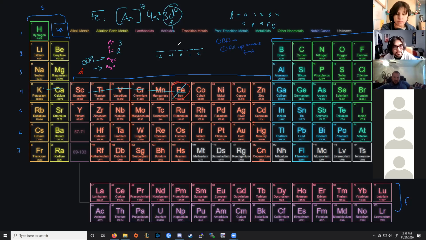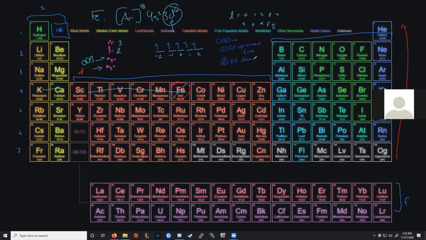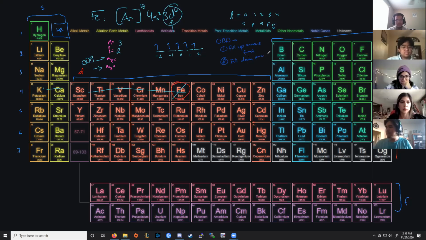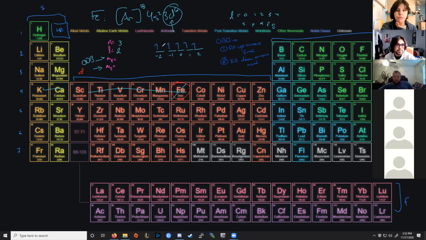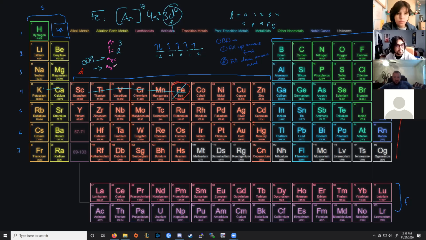So 1, 2, 3, 4, 5. So fill up arrows first, and then what do I do? You put the one you're missing in the first one. Yes, so fill your down arrows next. So I'm going to do that. Down. Okay, so we based it on our last electron that we placed.